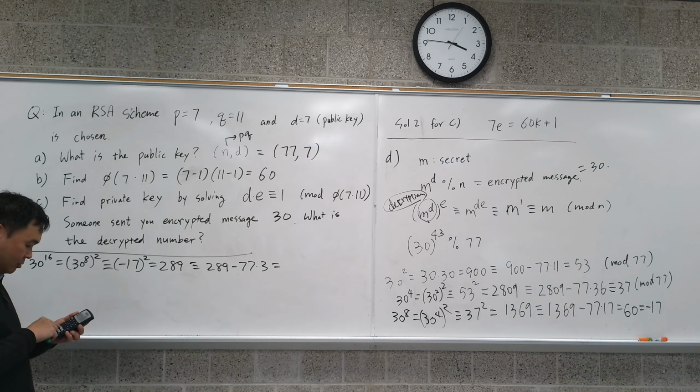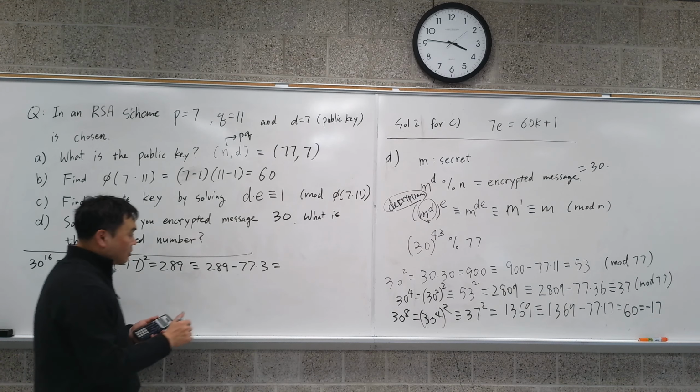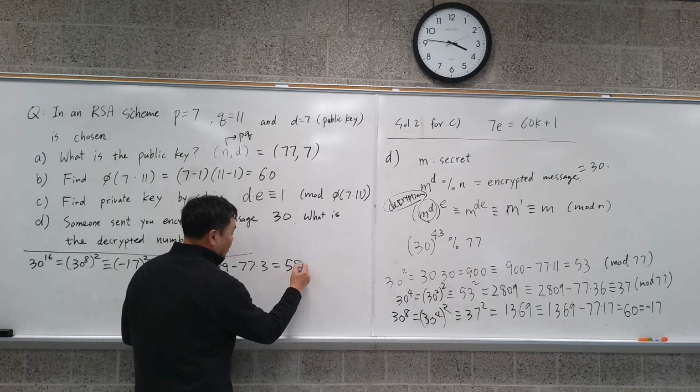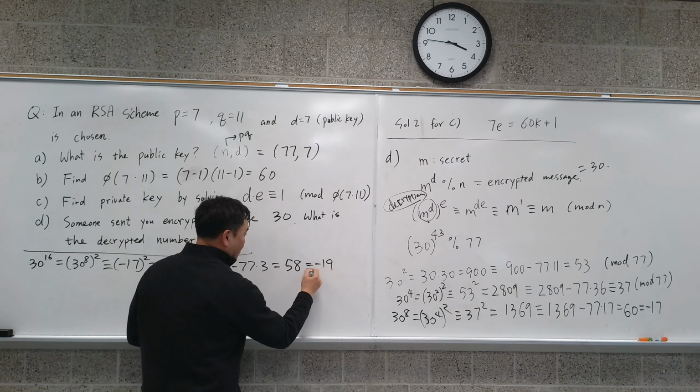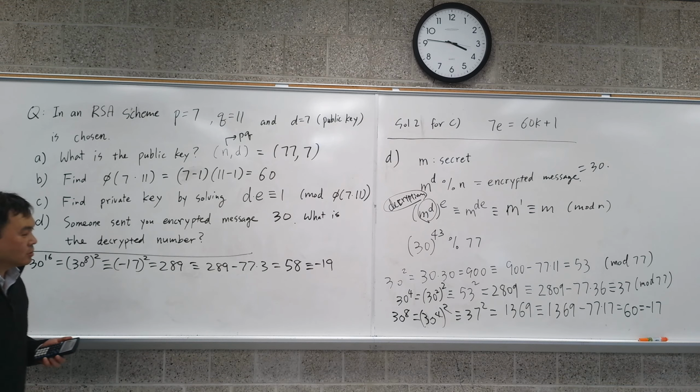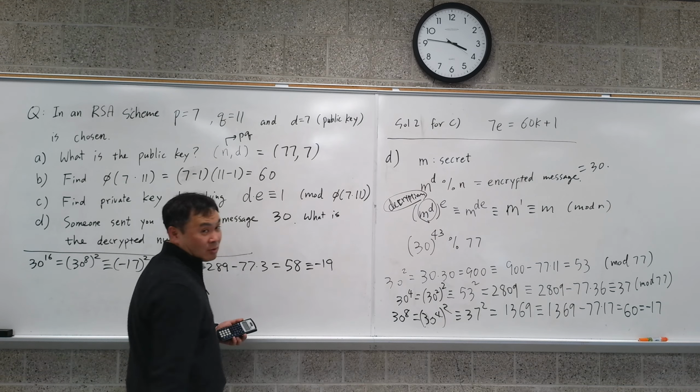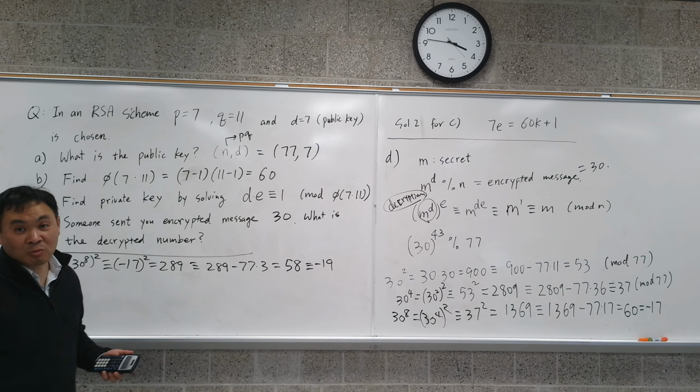That gives you 58. Again, rewrite that as negative 19. Is that right? Yeah, 19 plus 58 is 77. So these are congruent under mod 77.